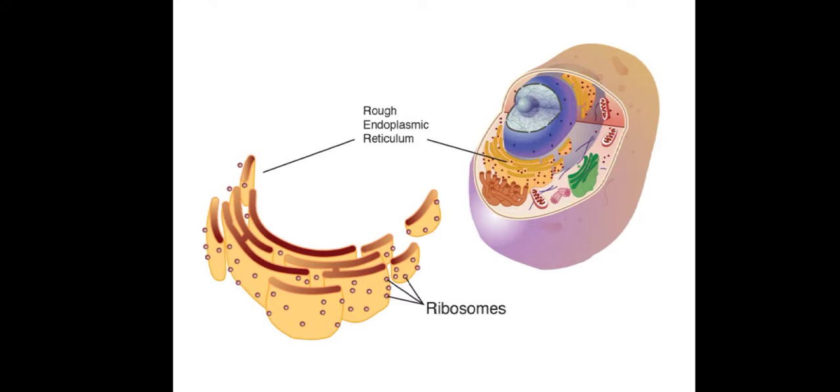What do you mean by detoxification? De means remove, toxification means poison or toxins. So it helps in detoxification of drugs or any toxins which have directly or indirectly entered our cell or body.